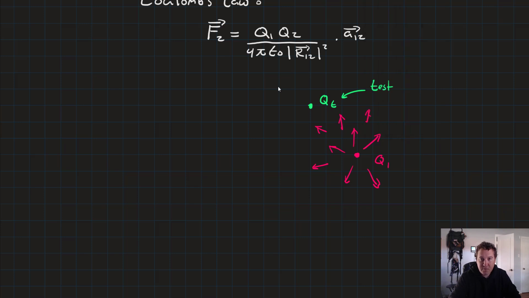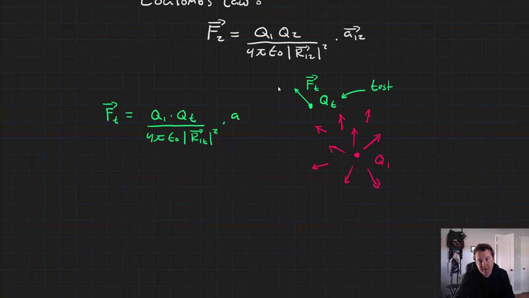We can see that the force applied on t is equal to this vector, and we can calculate that as Ft from Coulomb's law. The force vector of t is equal to Q1 times Qt over 4 pi epsilon naught times the magnitude of R1t squared times the unit vector a sub 1t.